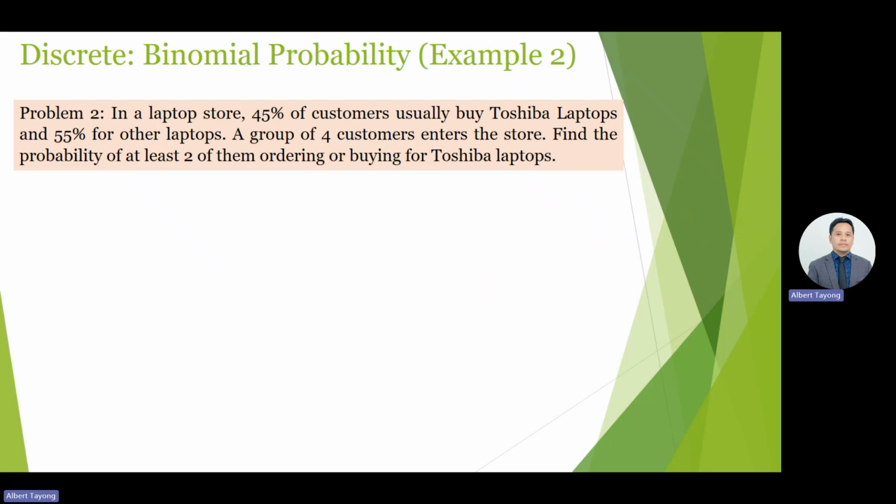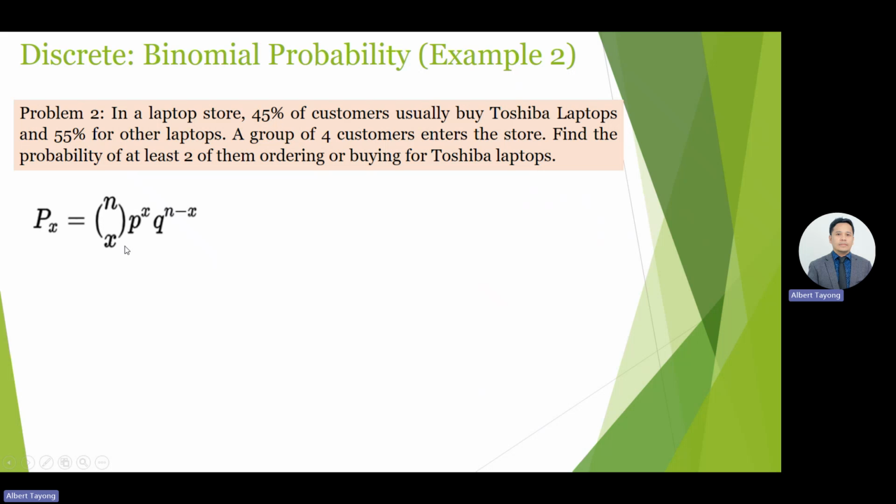Assuming that a group of 4 customers enters the store, find the probability that at least 2 of them are buying Toshiba laptops. Here we cannot use the table because the percentages are given already. So the only way is to solve this using the formula.